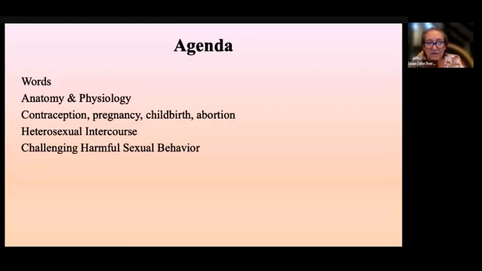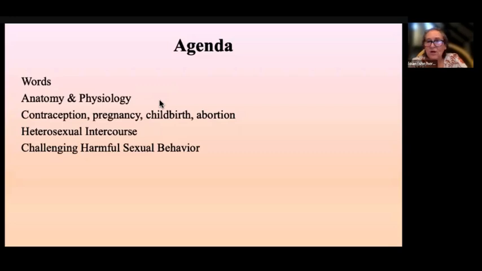Towards the end of the presentation, hopefully we will get there, I have slides on sexually transmitted infections. And these are actual slides of genitalia with a different sexually transmitted infection. So I wanted to warn you ahead of time that we're going to be explicit in what we're talking about.